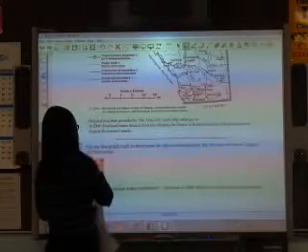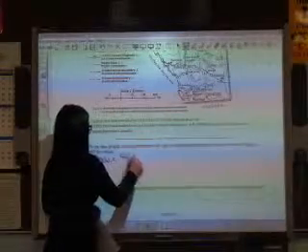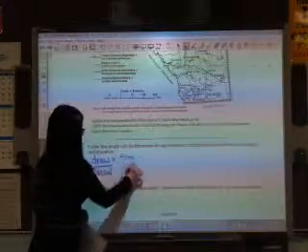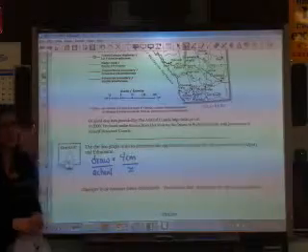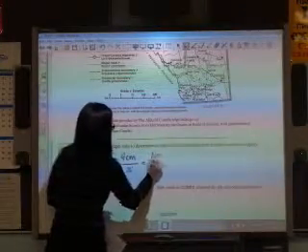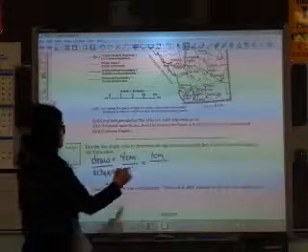Let's just pick 4. So my drawing is 4 centimeters, and then I have my actual, which is what I'm trying to calculate. The scale is that 1 centimeter is equivalent to how much? 75 kilometers.